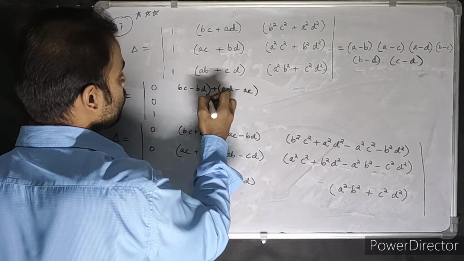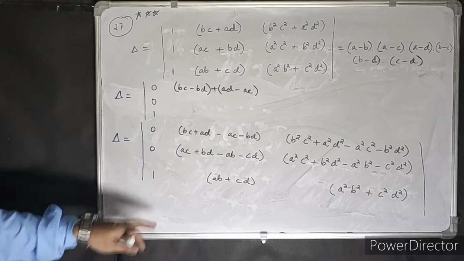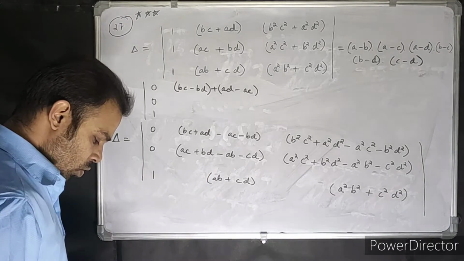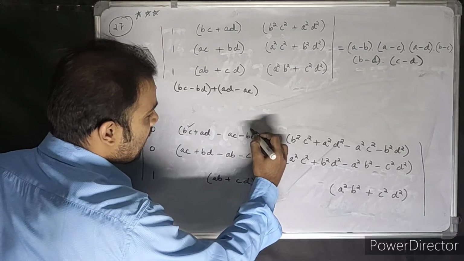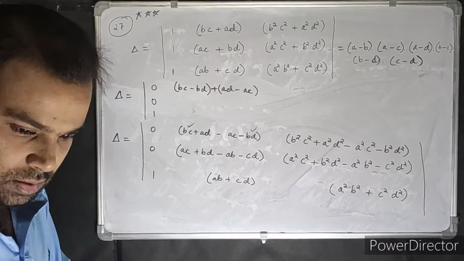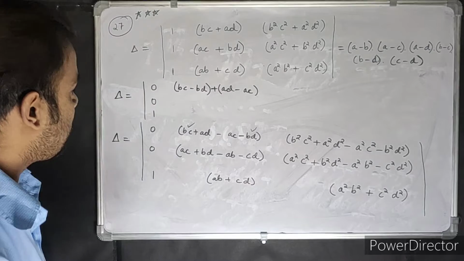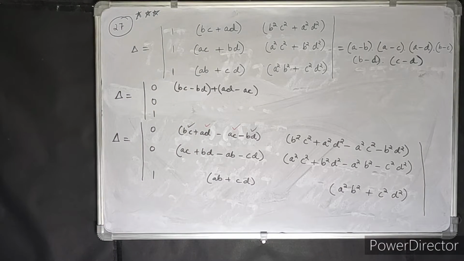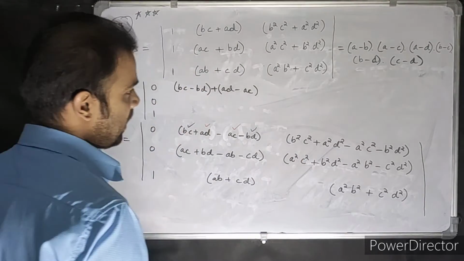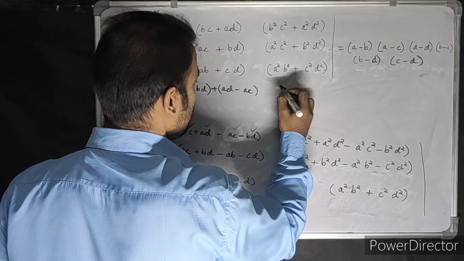Okay. Put these two together. Put these two together. Who and who are together? BC and BD are together. And AD, AC are together. See? These two are together and those two are together. Next step. For this one, same thing to do.